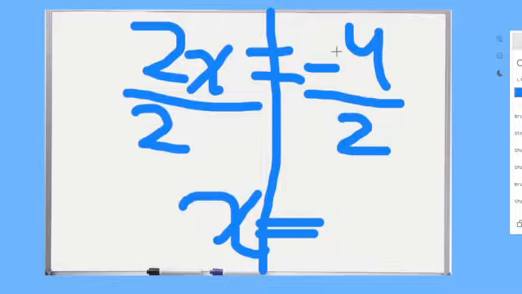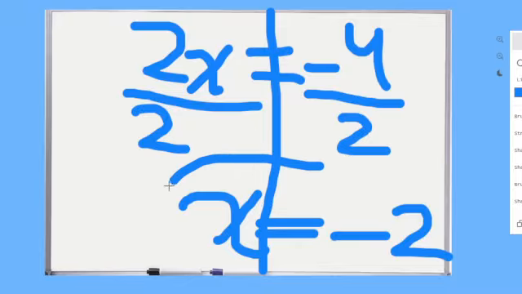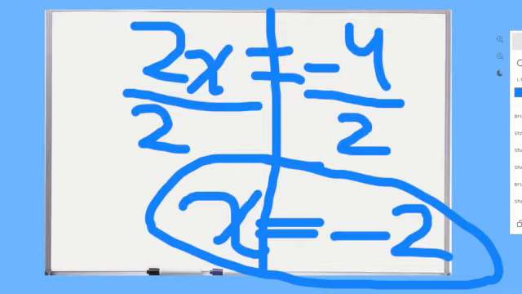So what's half of 4? It's 2, okay? So half of 4 is negative 2, which means the answer for x is negative 2. So that's your answer for question number 77.